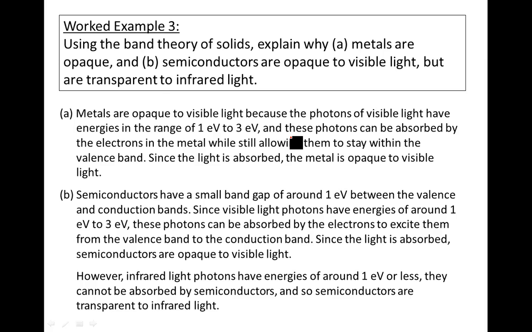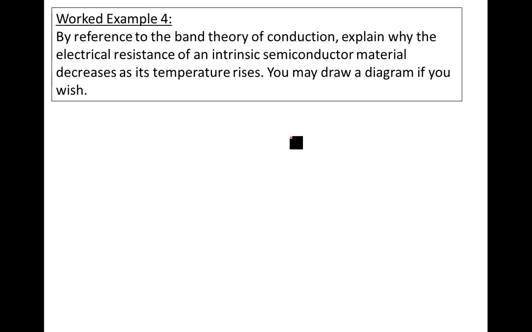Hence, it cannot be absorbed by semiconductors. In fact, if you do your calculation, not all of the infrared light is transparent. Only a certain range of infrared light that is at or longer than a certain wavelength is not absorbed. Hence, they are transparent to some of the infrared light.